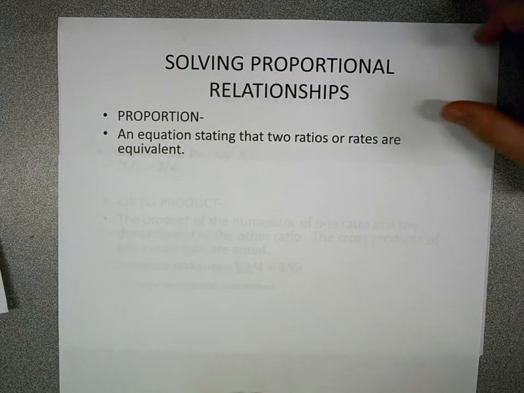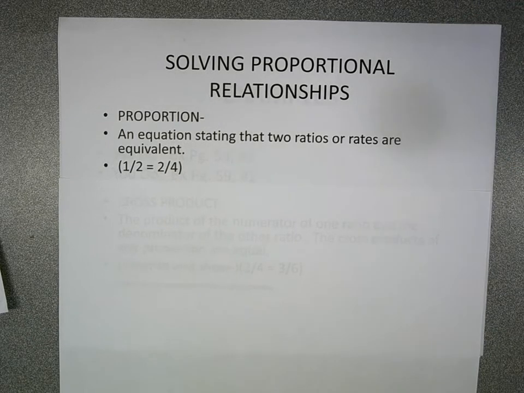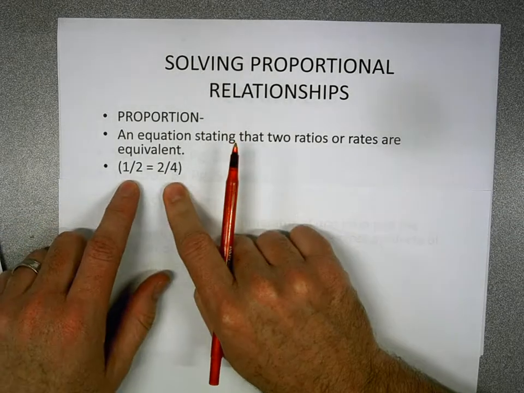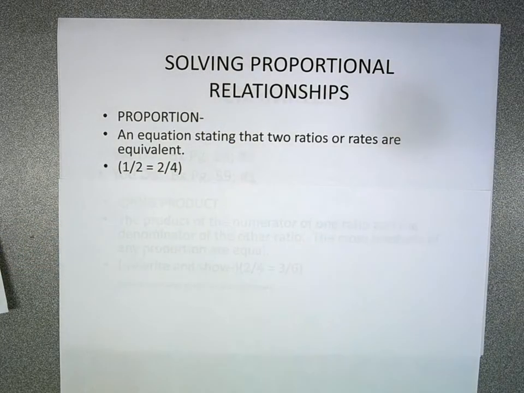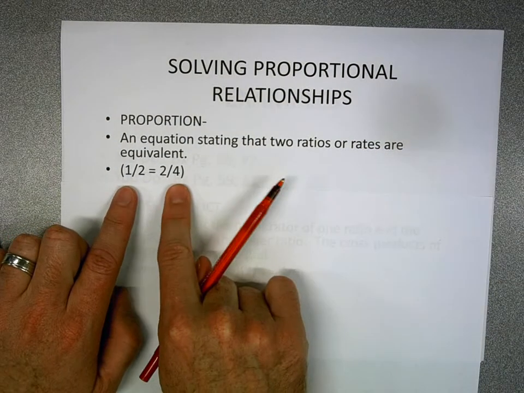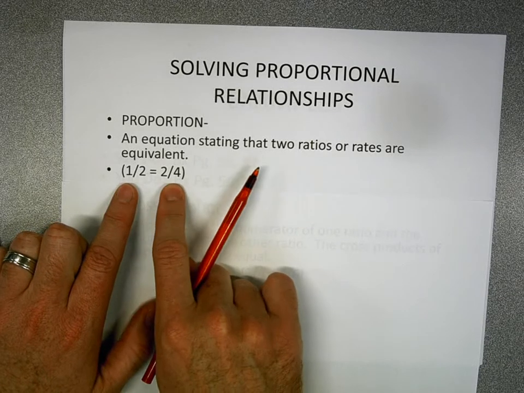In your little box over to the right, go ahead and write this. It looks like 1/2 equals 2/4, but figuring that we're talking about ratios and rates, a 1 to 2 ratio is equivalent to a 2 to 4 ratio. Because they're equal, this is a proportion. If these were fractions, you'd call them equivalent fractions, but because they're ratios, we say that they're proportional, or this is a proportion.